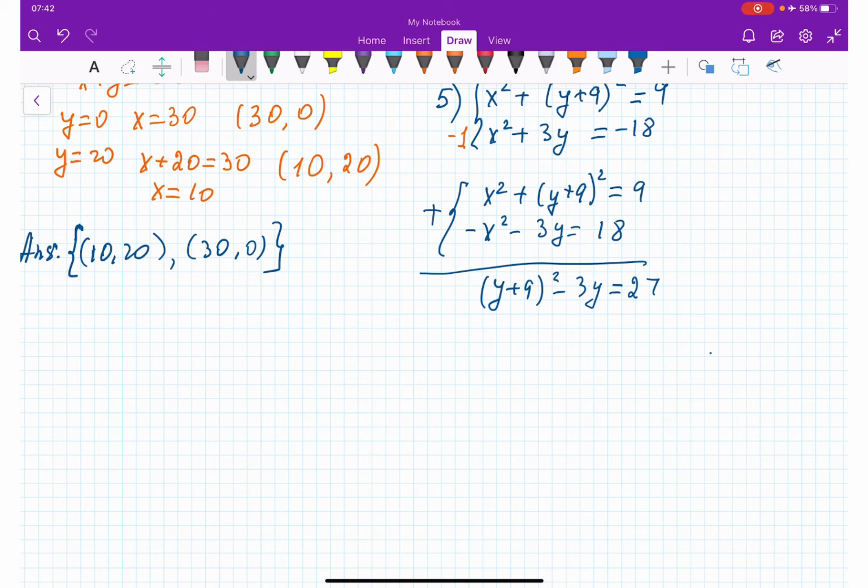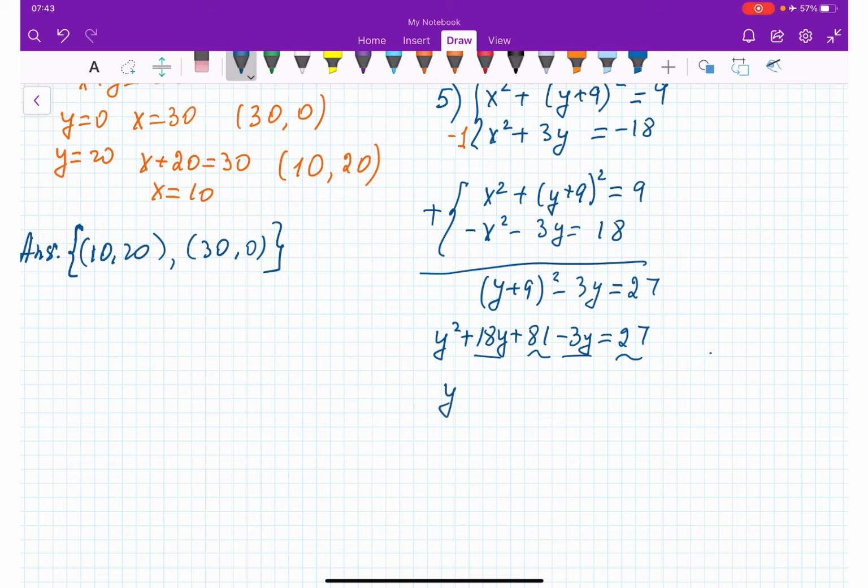Okay, so let's open (y plus 9) squared. That's (a plus b) squared. It's going to be y squared plus 2 times 9 times y, 18y, and plus 9 squared, which is 81, minus 3y equals 27. Okay, like terms, this with this and this one with this one.